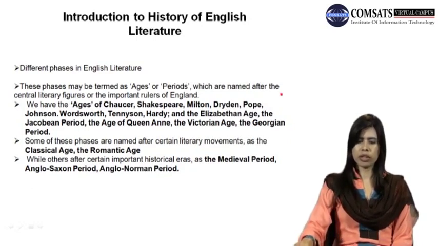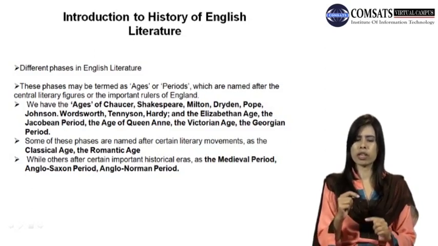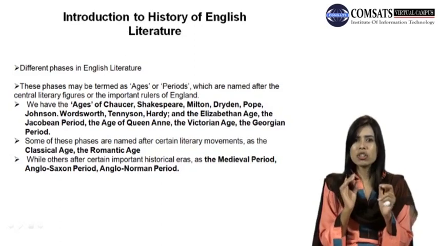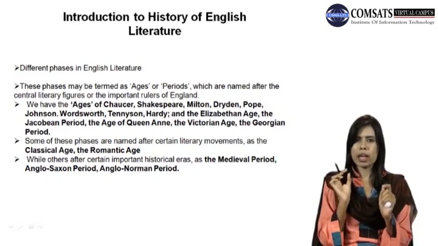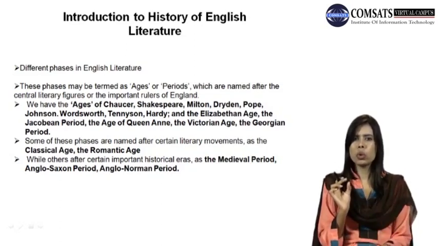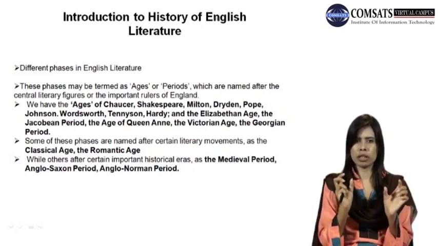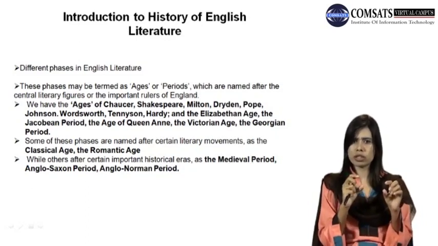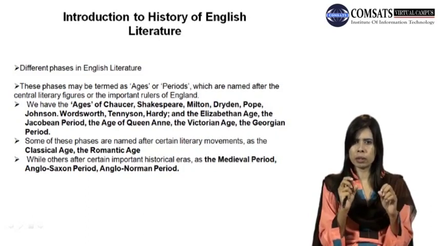So my dear students, here you'll have to focus on the fact that Chaucer is a poet, Shakespeare is also a poet, and these are literary figures. So here we are supporting the previous point, that we name these phases after the central literary figure. Any poet, any writer who had done any kind of marvelous work in that particular period, we give that name to that very century or to that very period.